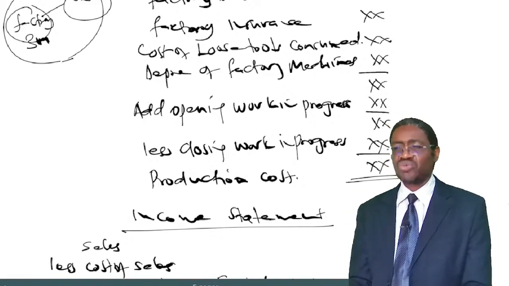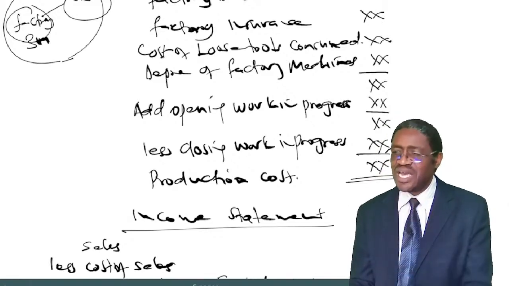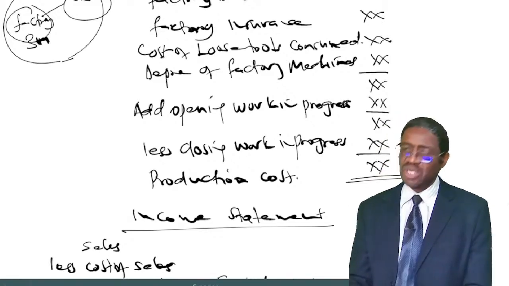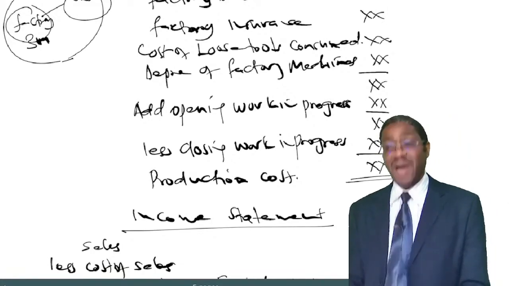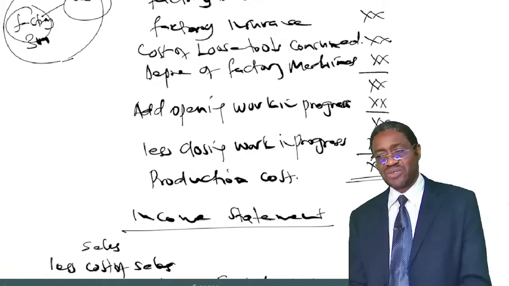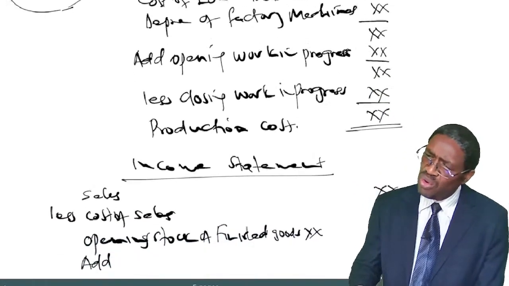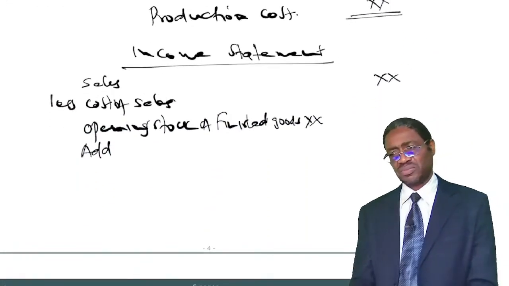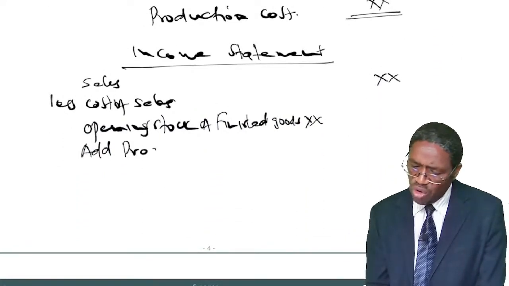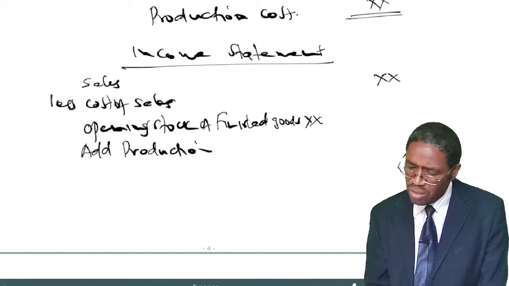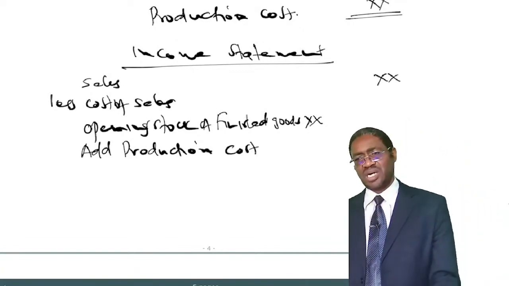To the showroom, it's like they are buying those goods from the factory at 3 million. Meaning, whatever you got as your production cost should take the place of purchases in the income statement. We don't have purchases in the income statement. Why?